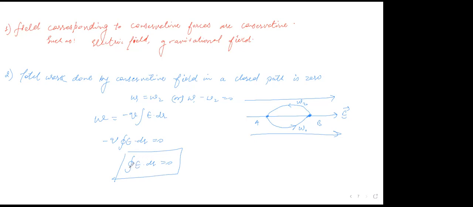You can also say this is the line integral of the electric field. Note it down, please. Hence, we can say that the line integral of electric field is 0.